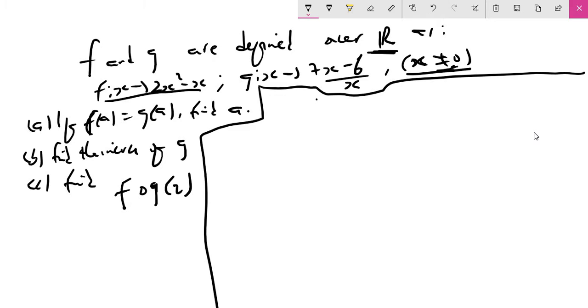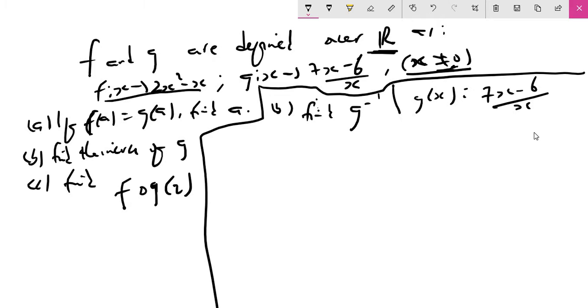So B says find the inverse of G. So we have to find G inverse. Now G of x is given to be 7x minus 6 divided by x. So what does it mean to find G inverse?